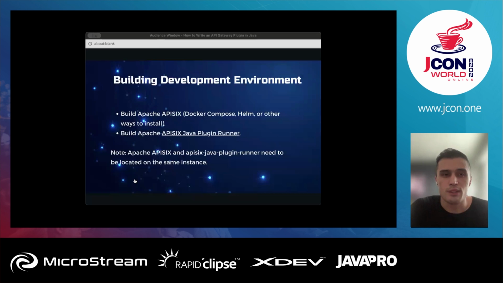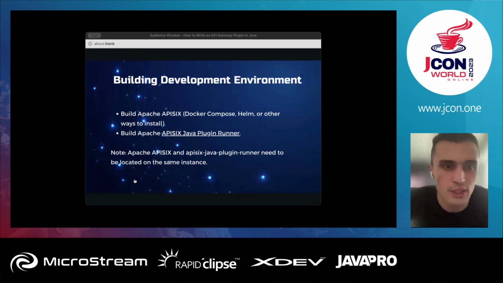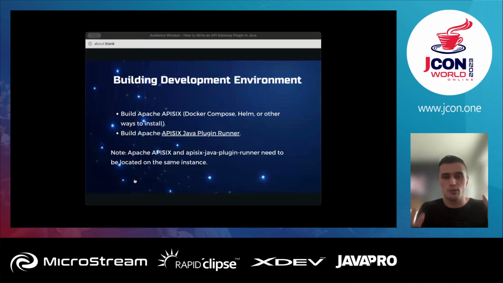So what about building your development environment to start with this plugin runner? As I said, we are using two different projects. APISIX is a project on GitHub. You can also see the link on the slide. And we also have the APISIX Java plugin runner, another GitHub repository, another project.